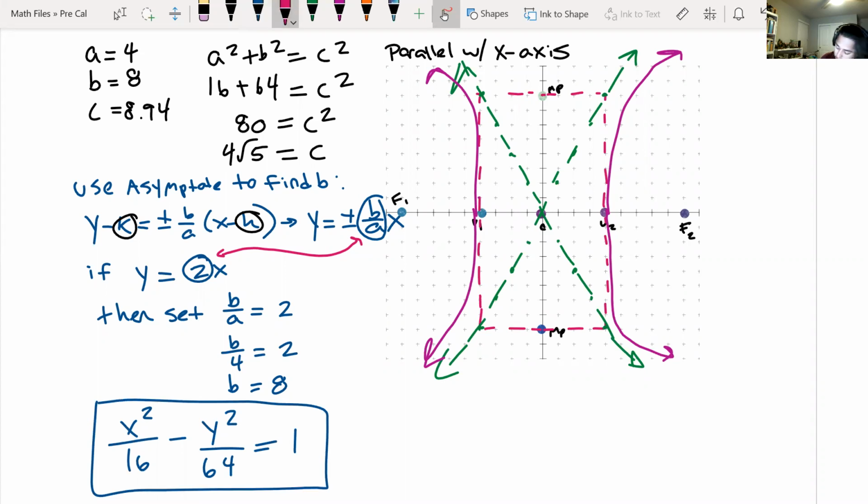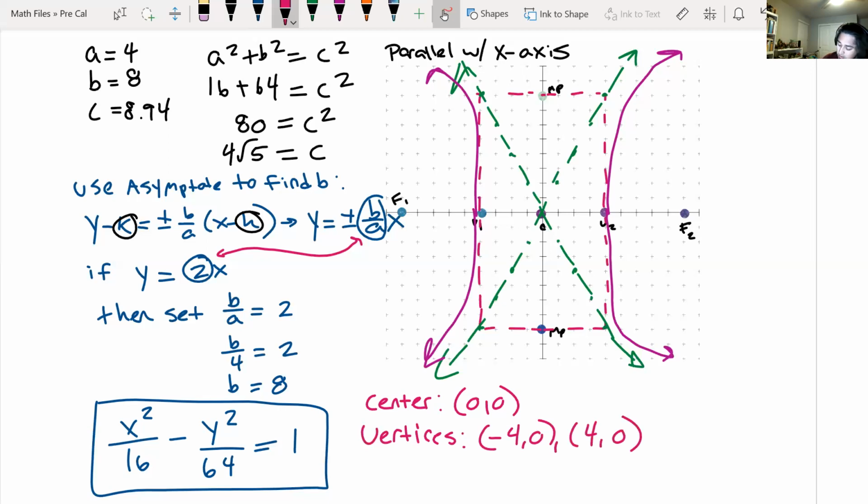And now let's just go ahead and label everything. Center is 0, 0. Vertices, they gave that to us already: negative 4, 0 and 4, 0. Foci are nasty, so I can just say plus or minus 4 square root 5 and 0.